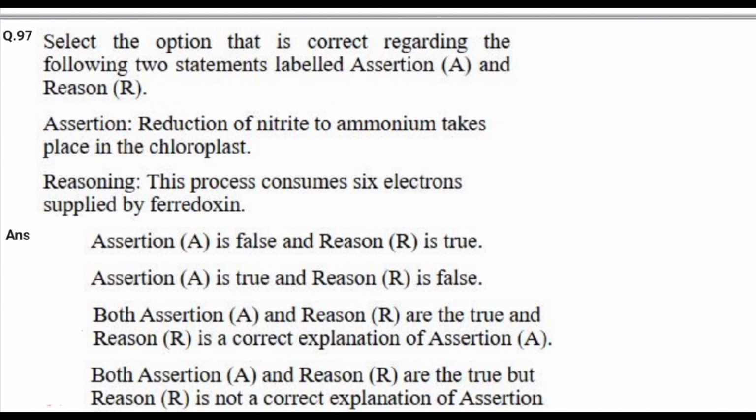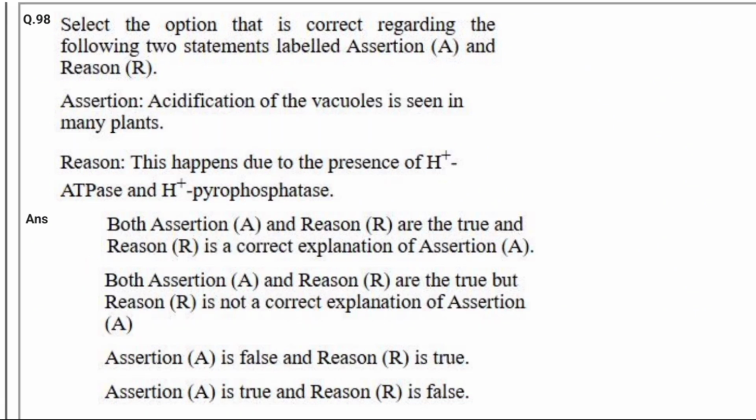For this, the options are: assertion is false and reason is true; assertion is true and reason is false; both assertion and reason are true, and the reason is the correct explanation of assertion; both assertion and reason are true, but the reason is not the correct explanation of assertion. For this, the correct answer is both assertion and reason are true, and the reason is the correct explanation of assertion.